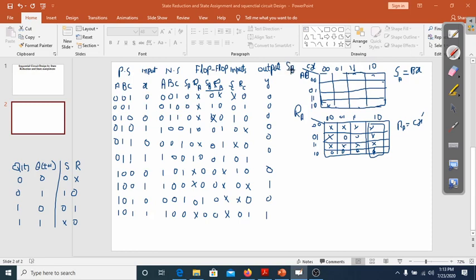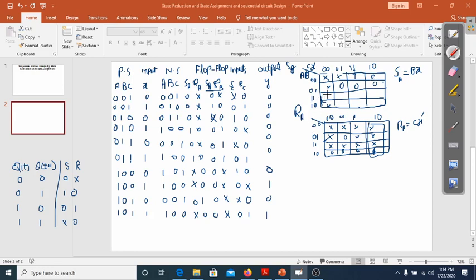You can see from the table, this one is don't care, this one is don't care. Here SB is 1, here SB is 0. This one is don't care. Here SB is 0, SB is 0. So for this combination SB is 0.